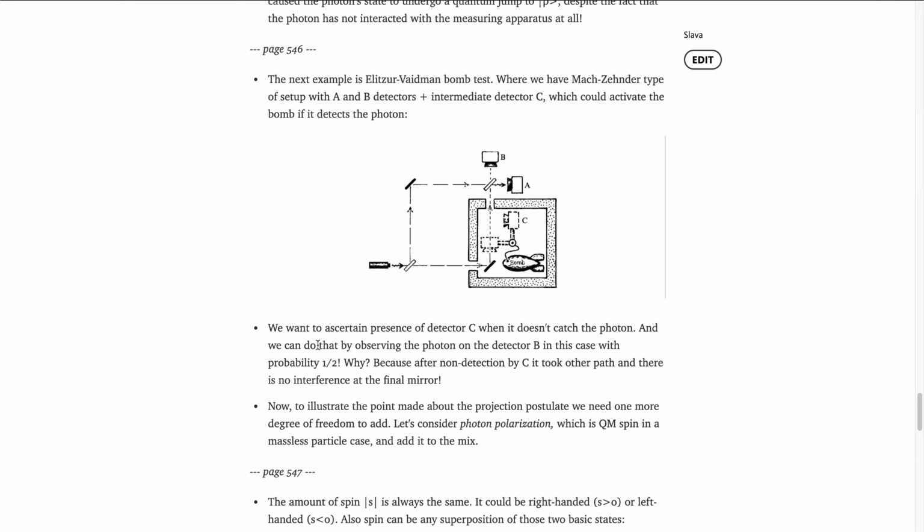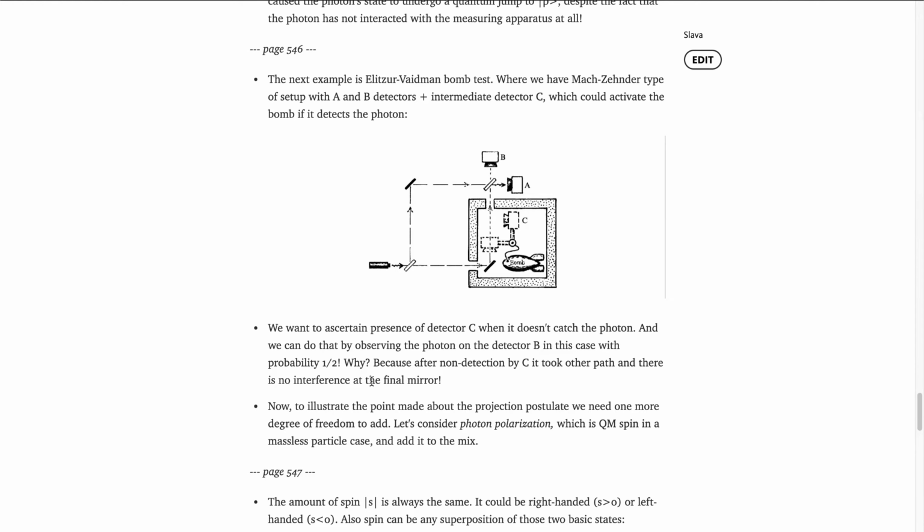Yeah, and we want to ascertain the presence of detector C when it doesn't catch the photon, so when the bomb hasn't exploded. And we can do that by observing the photon on detector B in this case with probability 1/2.